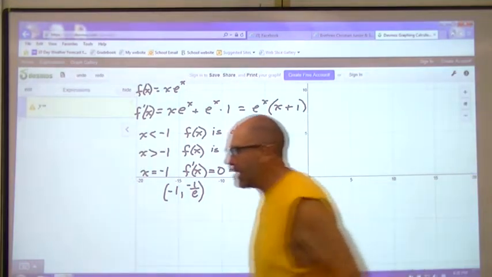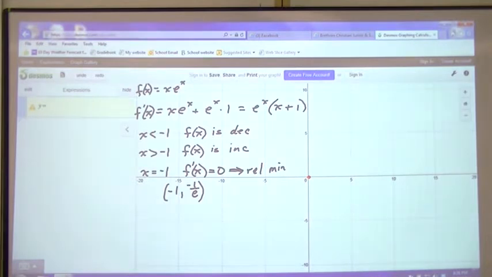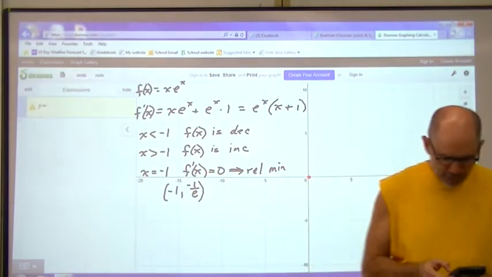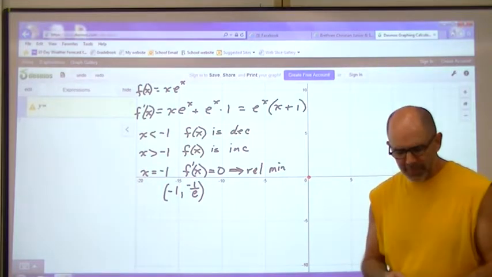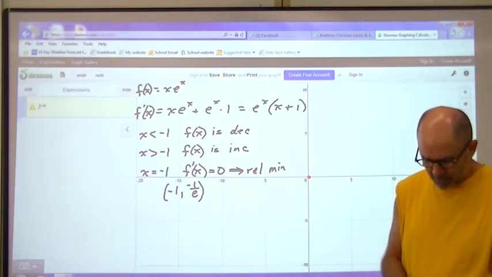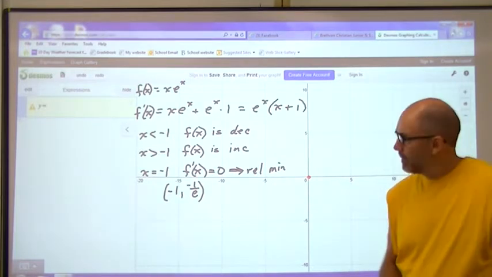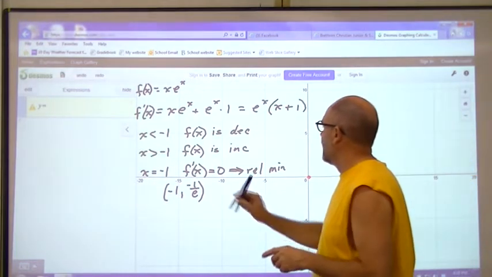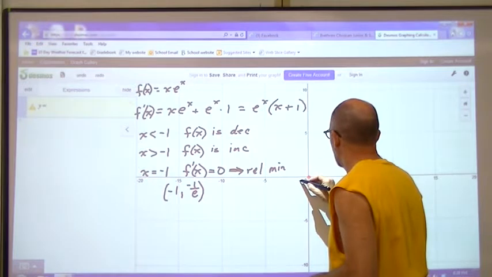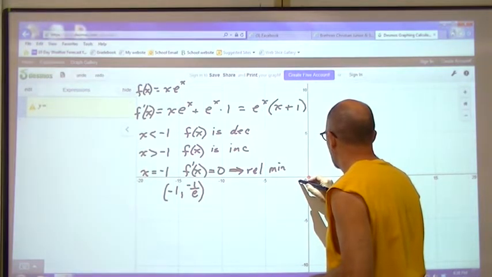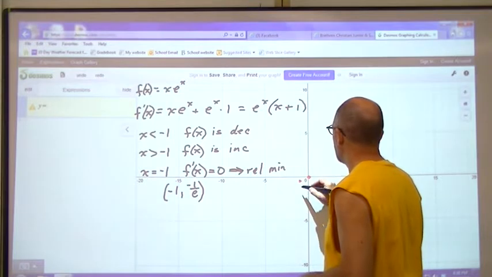All right, let's check that out. So negative 1 over e is going to be 0.367, so approximately 0.4. All right, so at negative 1, negative 0.4, we've got a relative min.